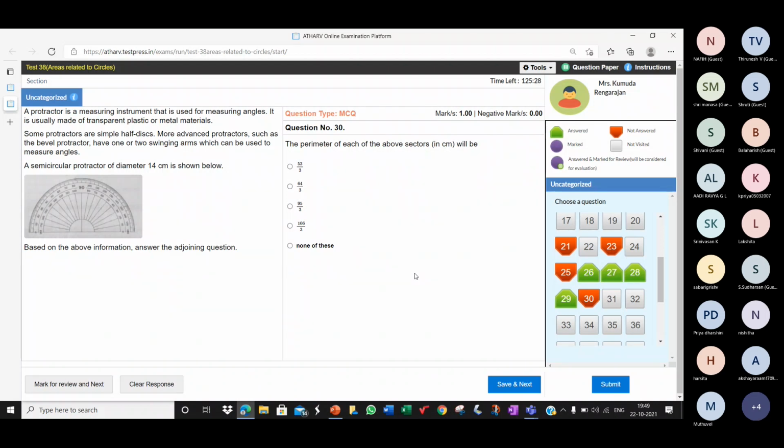The sector angle is 30 degrees. Ma'am, why divided by 6? Because in the previous question it was given that it is divided into 6 equal sectors. Yeah, correct. Okay.